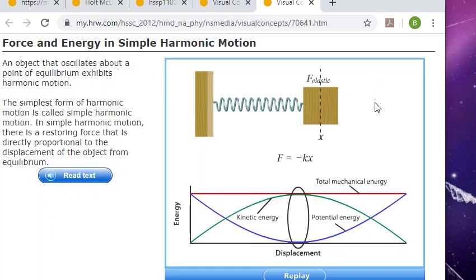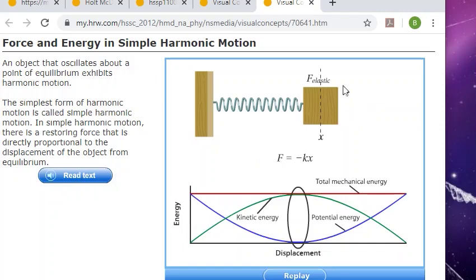That means the kinetic energy is equal to 0. On the graph, the kinetic energy is the green curve, and the elastic potential energy is the blue curve. So in position number 1, the velocity is zero, the kinetic energy is zero, and the green curve is zero. But since we have the maximum displacement at point 1, we have the maximum elastic potential energy. So here the blue curve is at its maximum value.